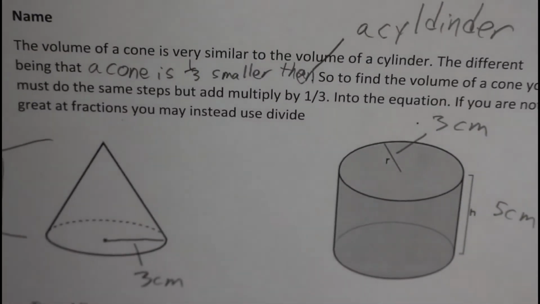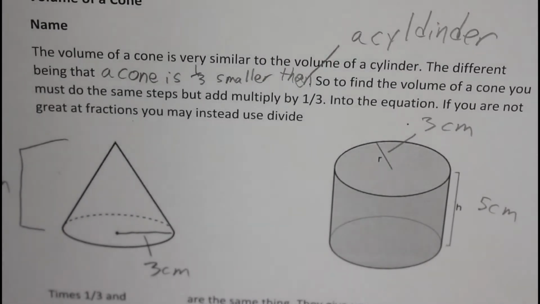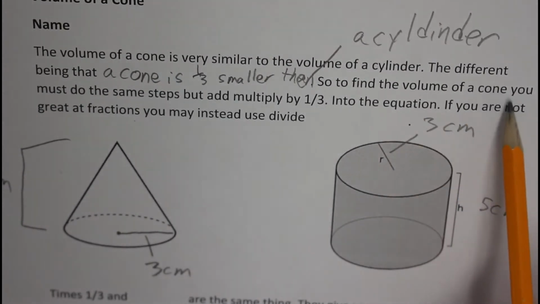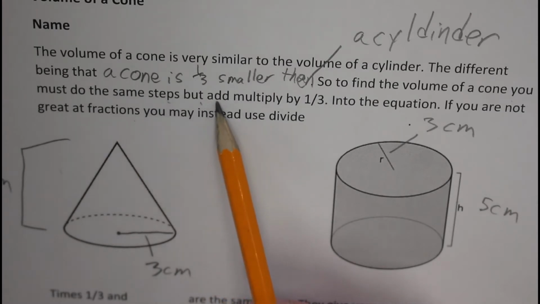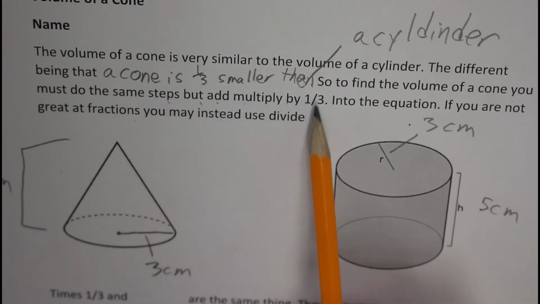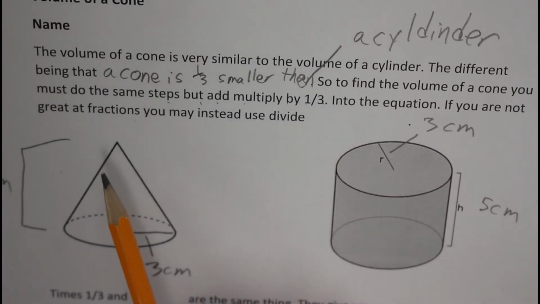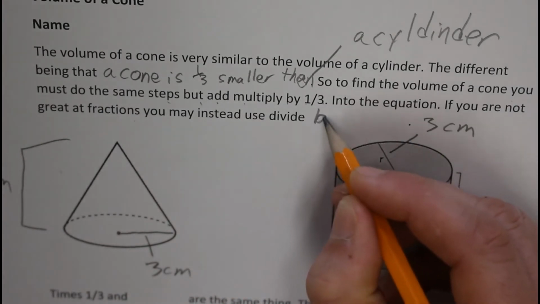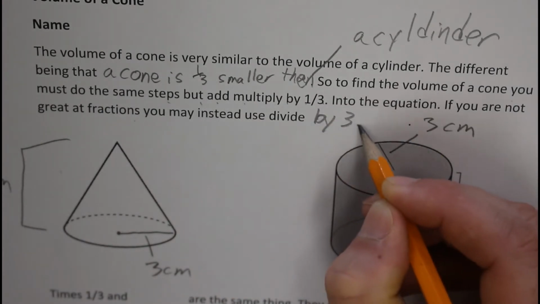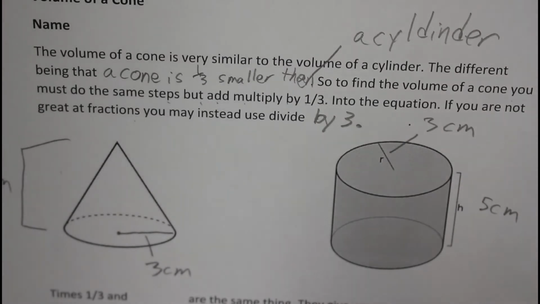All right, but if you are not great at fractions, to find the volume of a cone, you must do the same steps, but you must add the step multiplied by 1/3 into the question. If you're not great at fractions, you may instead use divide by 3. Multiply by 1/3, so 1/3 of something is the same as dividing it by 3.